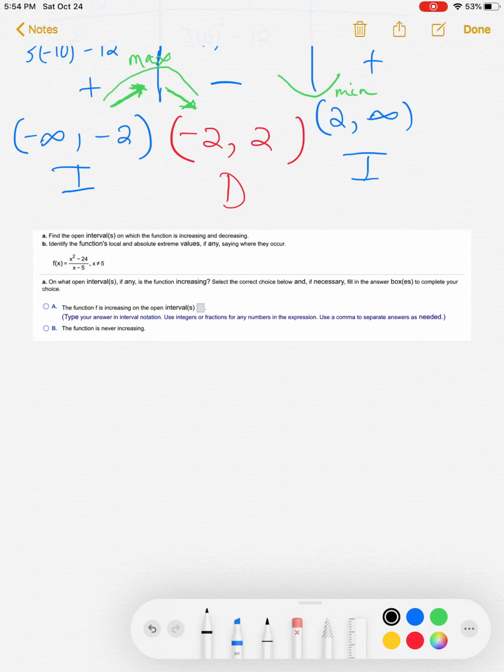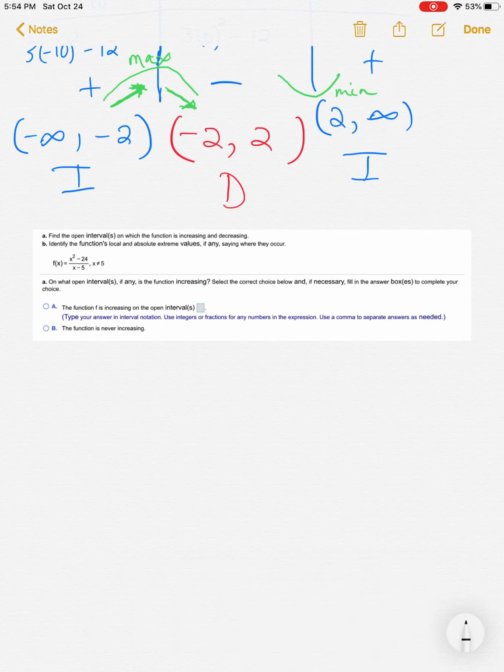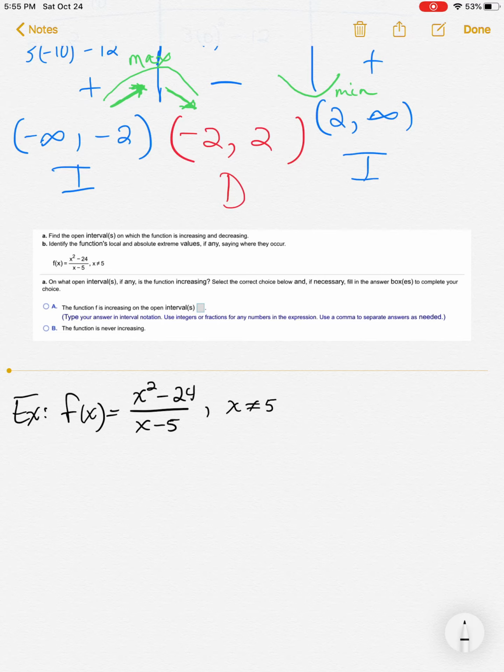So I'm just gonna go ahead and rewrite our example right quick so it can be bigger for us to see. We have f of x equals x squared minus 24 over x minus 5. And then it gives us the domain, x cannot equal 5.